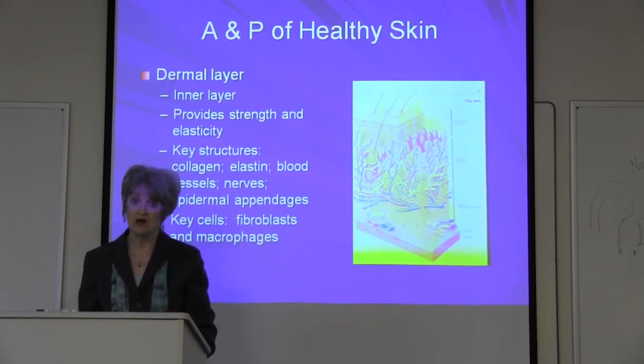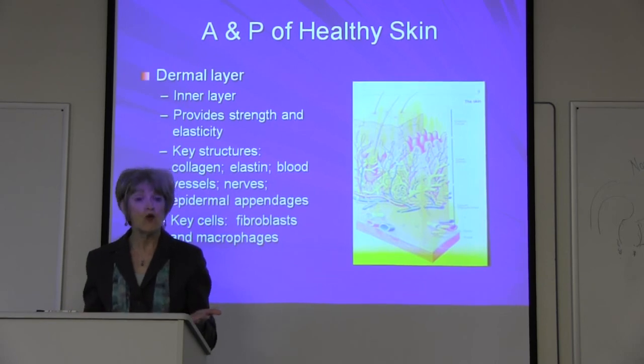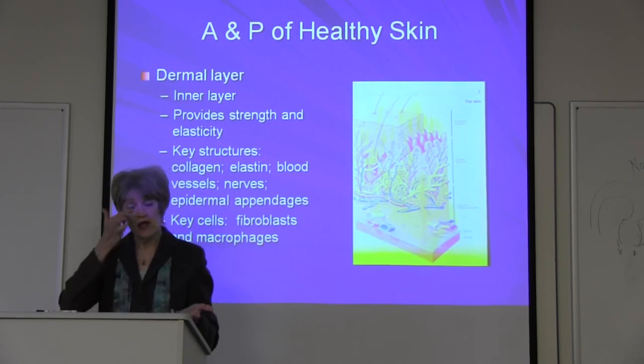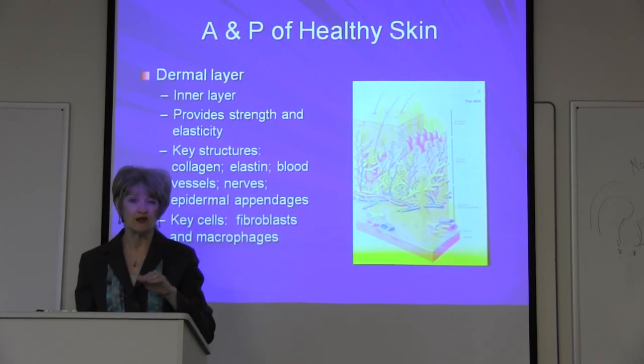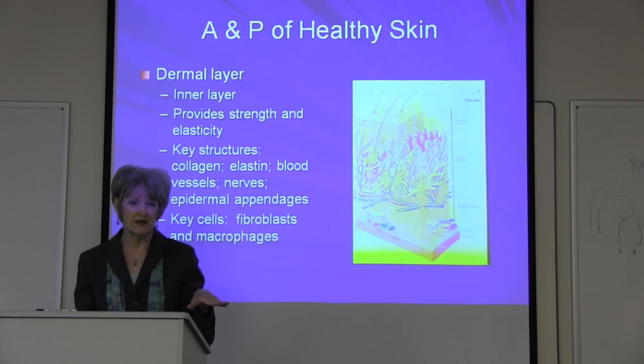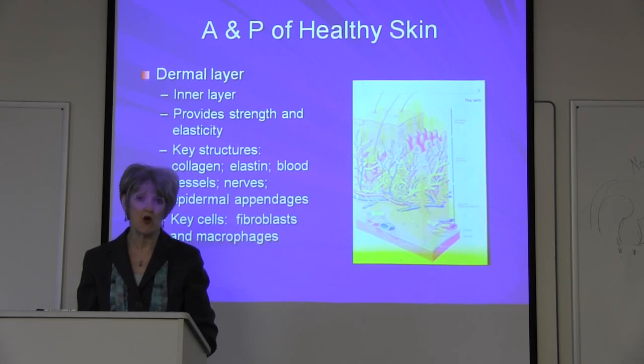So let me first just talk about the key structures. What is the dermis made of? Well, primarily collagen. And you will sometimes see wounds that extend into the dermis and they'll look kind of pale white. They'll have distinct little red islets scattered throughout, but the base of the wound will look white.